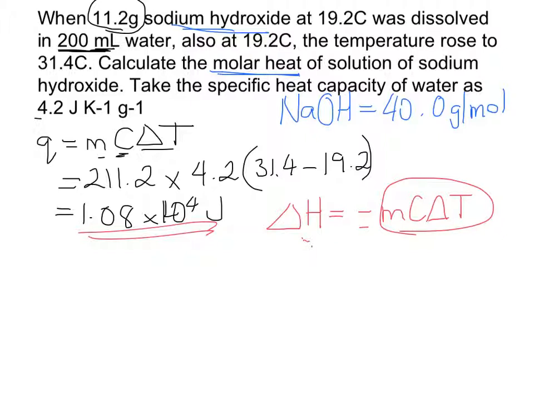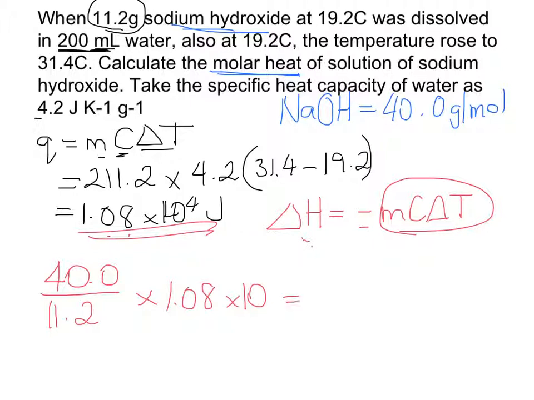To work that out, we put our molar mass, 40.0, and divide that by the mass that we actually used, which was the 11.2. Then we add in the heat that we've already calculated, 1.08 times 10 to the 4. Put that into your calculator, and that's going to give you 3.86 times 10 to the 4.